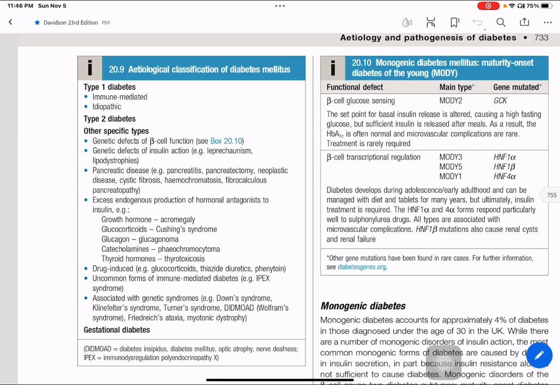Gestational diabetes mellitus is a very important topic in internal medicine, where a lady after 20 weeks of pregnancy, during the second trimester, develops diabetes mellitus. Due to pregnancy, due to the effect of circulating hormones in the body, she develops diabetes mellitus. This is called gestational diabetes mellitus.